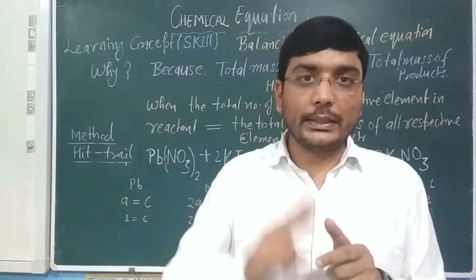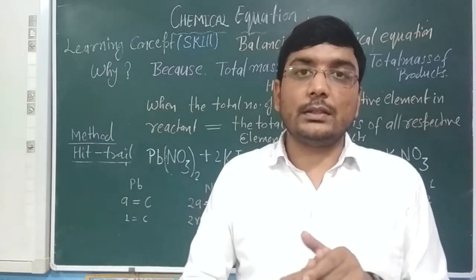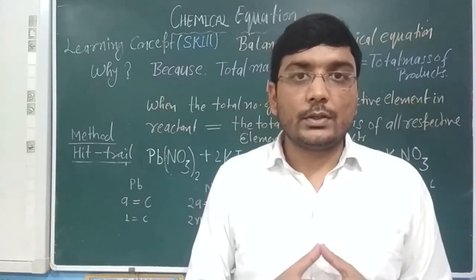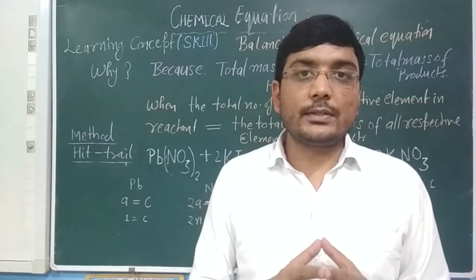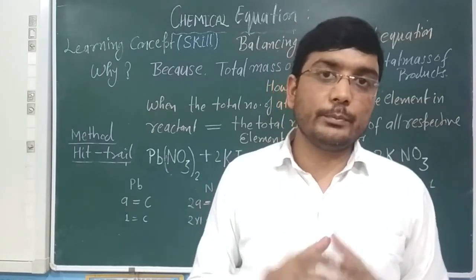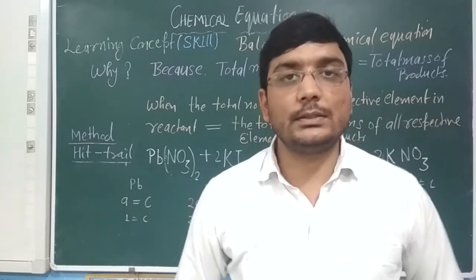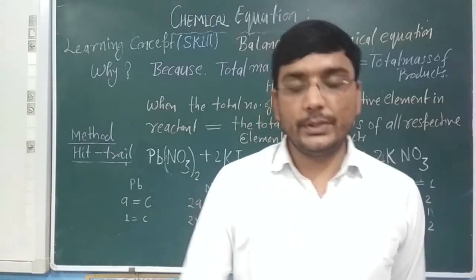Second, how to balance a chemical equation. And third, how to make a chemical equation more informative. This third part we will discuss in the next class or next video.